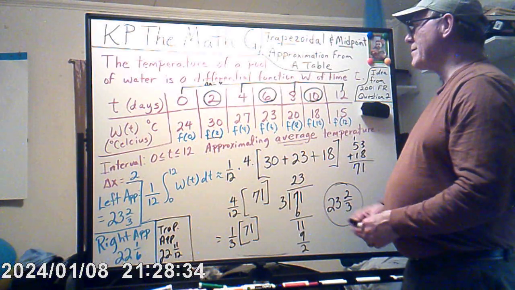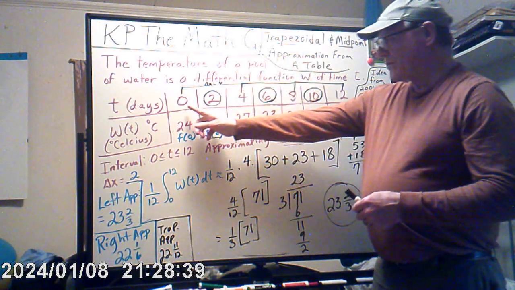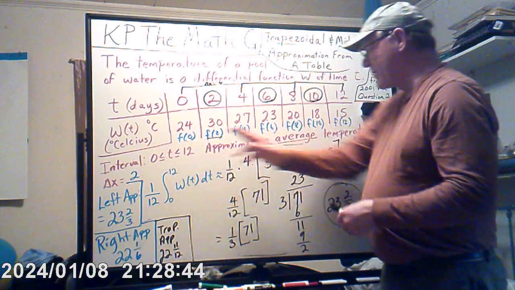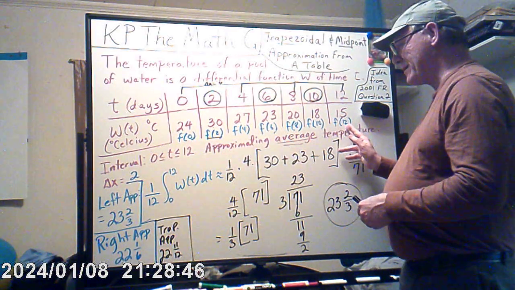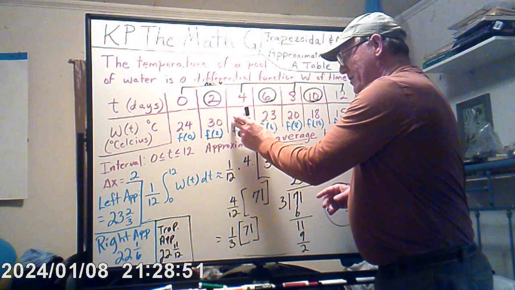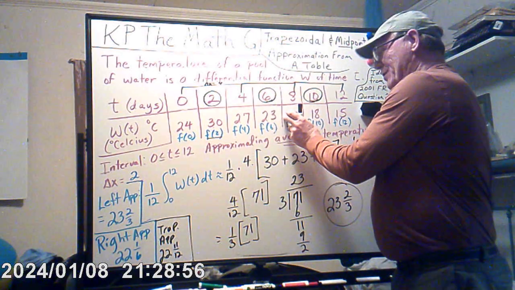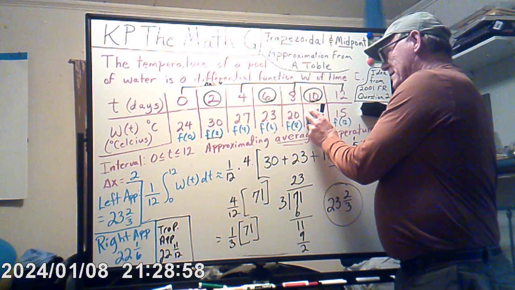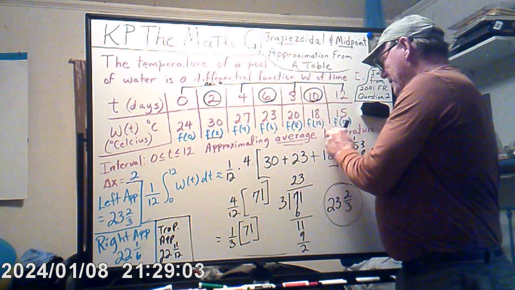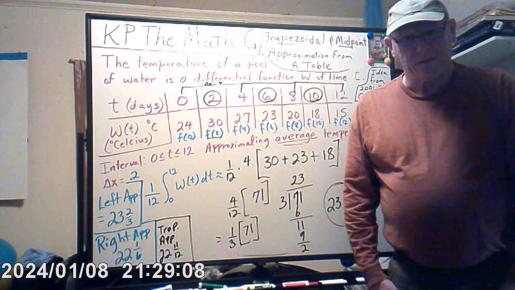Alright. We did a trapezoidal. Remember, on the trapezoidal, the first and the last are counted once. The first F at 0 and F at 12. But 2 times F at 2, 2 times F at 4, 2 times F at 6, 2 times F at 8, which is 20, 2 times F at 10, which is 18. And then 1 times F at 12, 1 times F at 0.